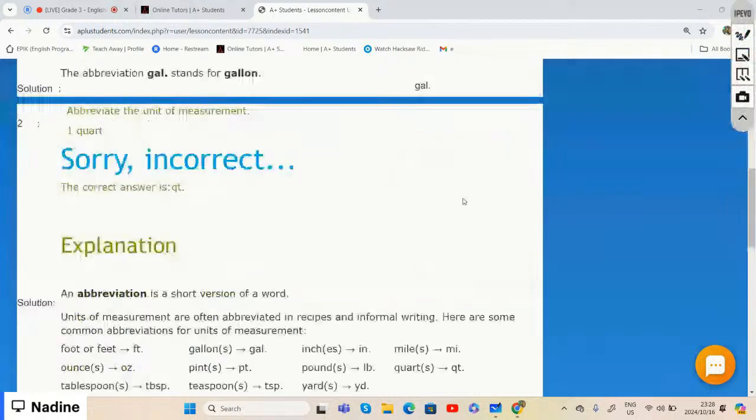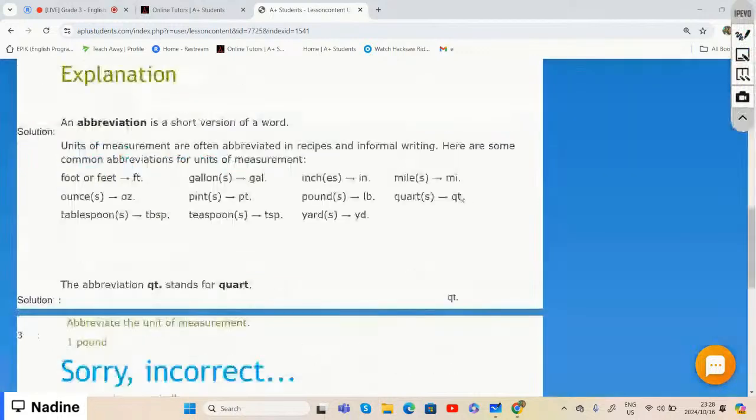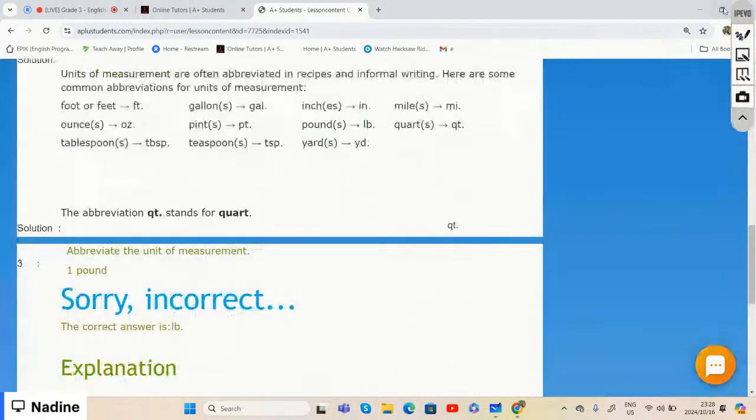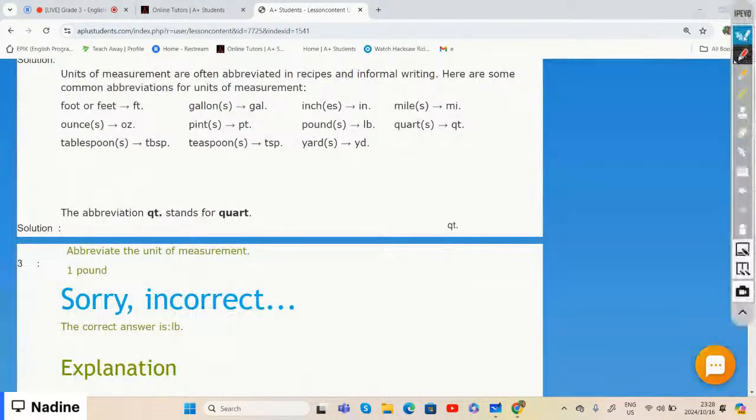Okay, the last one, and then we're going to our test. 1 pound. How are we going to abbreviate 1 pound?